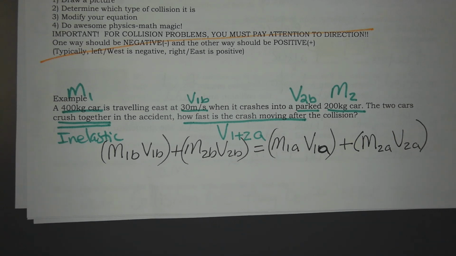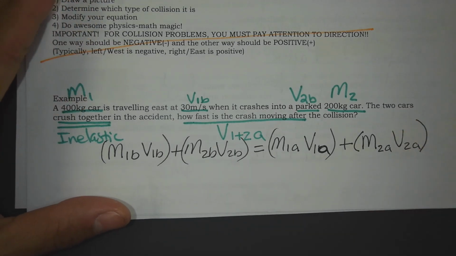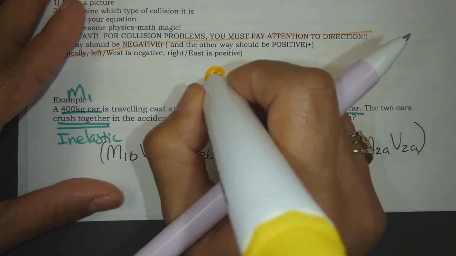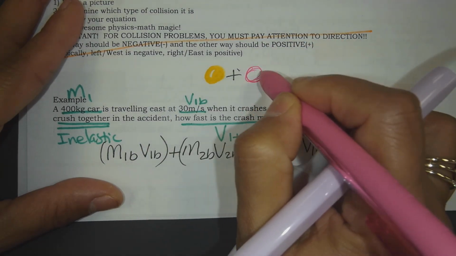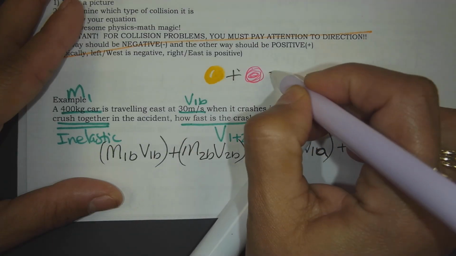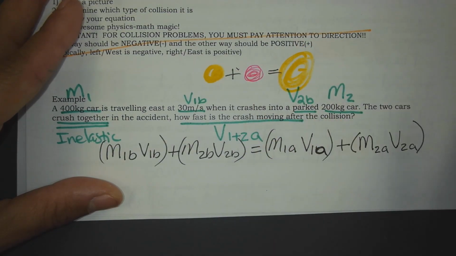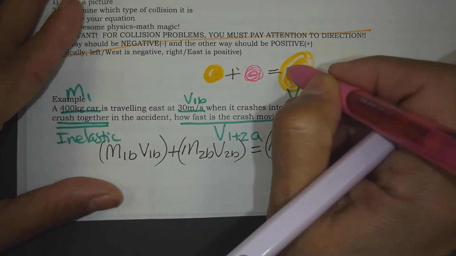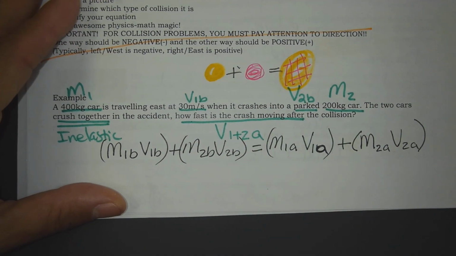Well, we just said this is an inelastic collision because they smush together. So for this situation, I need to get rid of one of these sides because what I have is object number 1 plus object number 2 are going to collide, and they are going to equal object 1 plus object 2 that's going to combine into an inelastic collision.